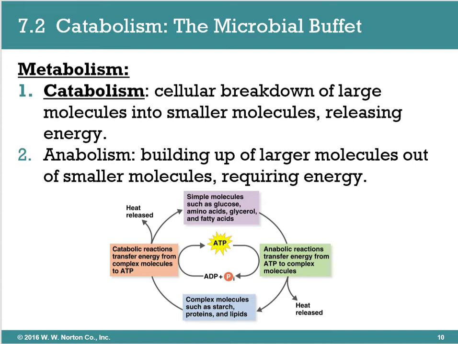There are two forms of metabolism: catabolism and anabolism. Catabolism is specifically the breakdown of a large molecule into a small molecule, so you are releasing energy, whereas anabolism is where you are building up something and that requires energy, so you have to utilize it. So definitely be able to define the difference between them.